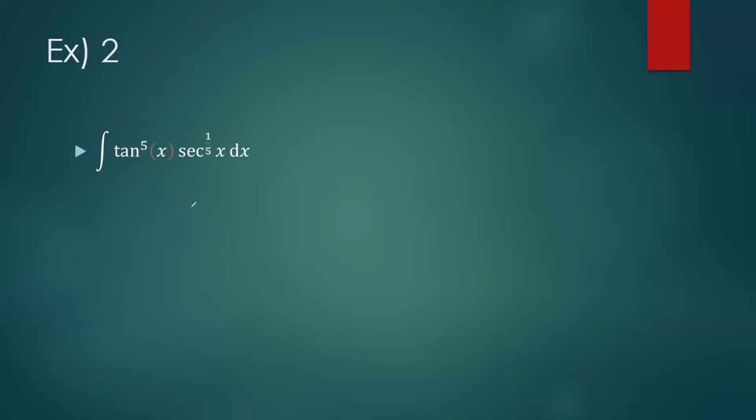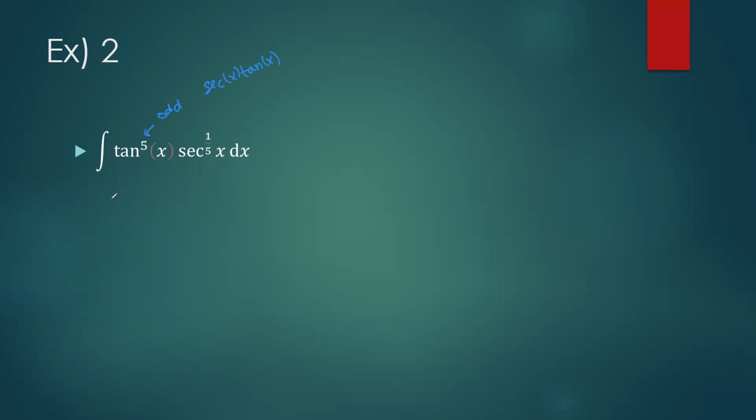So example 2, we have the integration of tan fifth x secant raised to the 1/5 x dx. So what can we do? Since tan fifth is technically an odd power, the rule states if you have a tan that's an odd power, you factor out secant x tan x and place it next to the dx.